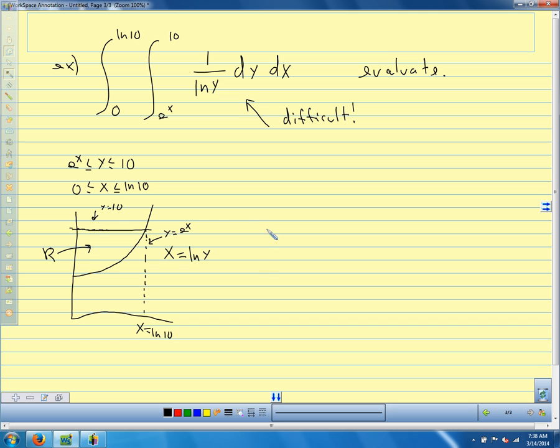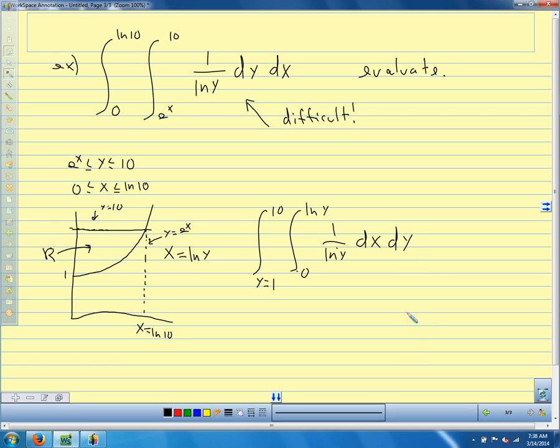So when we switch our order, we're going to integrate from y equals 1 to 10. Our inner integral is going to be x equals 0 to natural log y of 1 over natural log y dx dy.